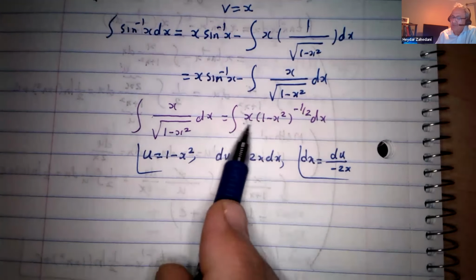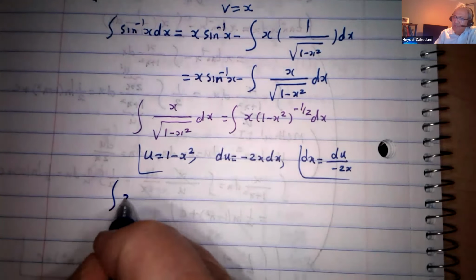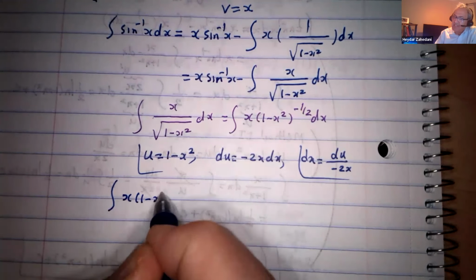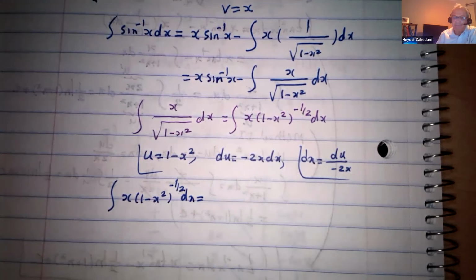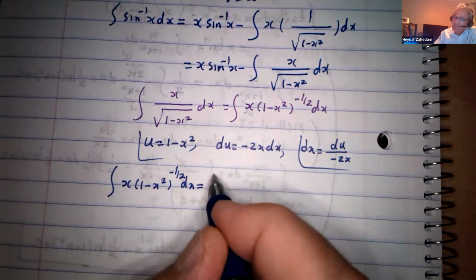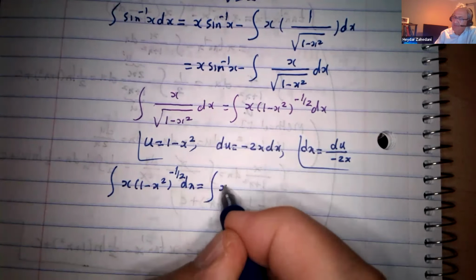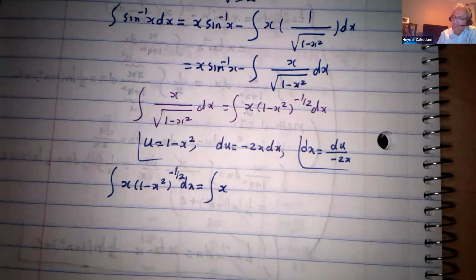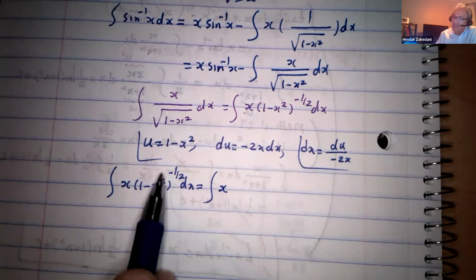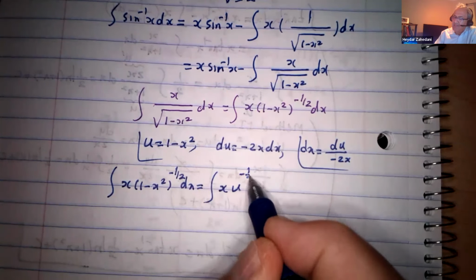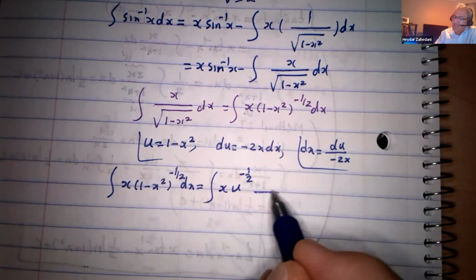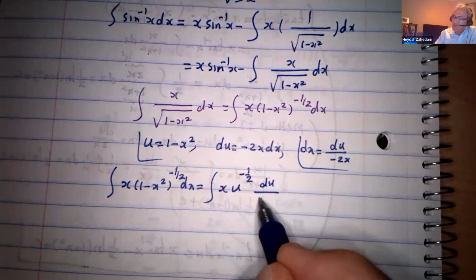Go back, substitute. So the integral of x times 1 minus x squared to the negative half dx is equal to the integral of, we don't have anything for the x, don't worry, it's going to be canceling out. 1 minus x squared is u, so it's going to be u to the negative half dx, and the dx is du over negative 2x.